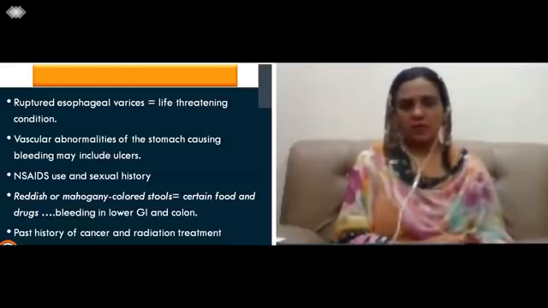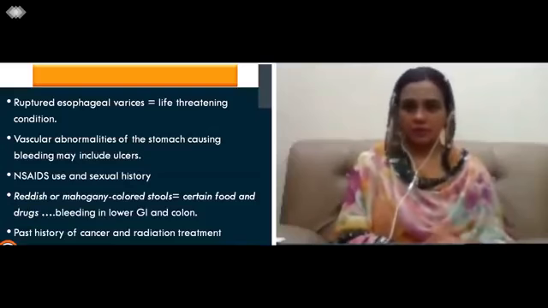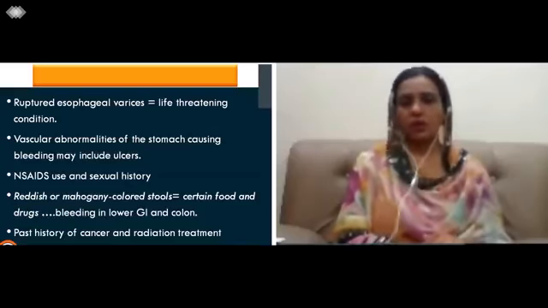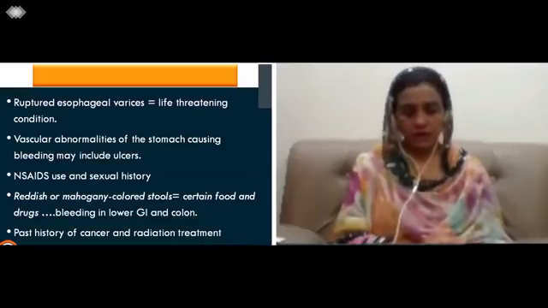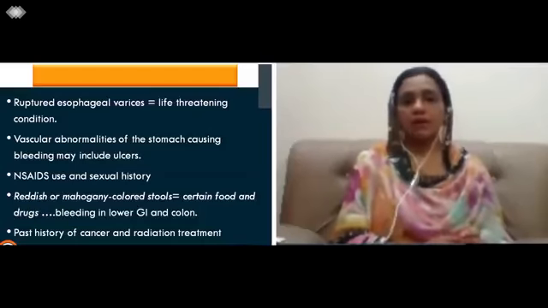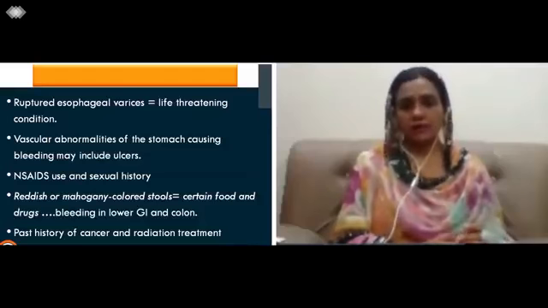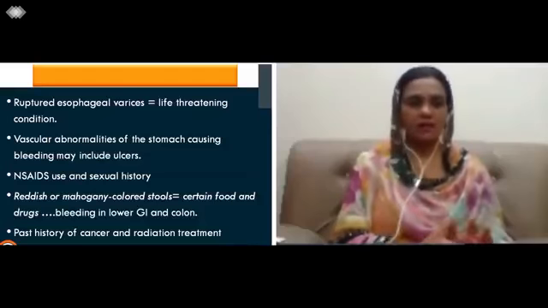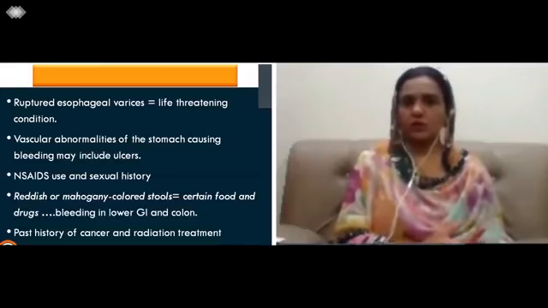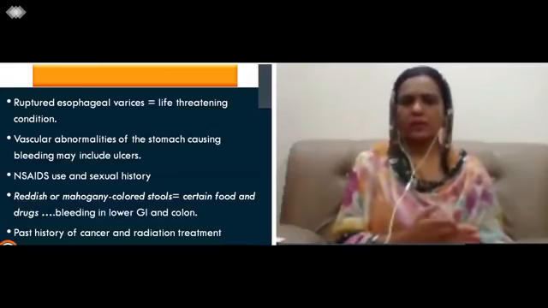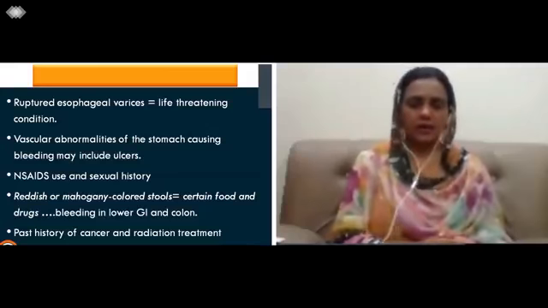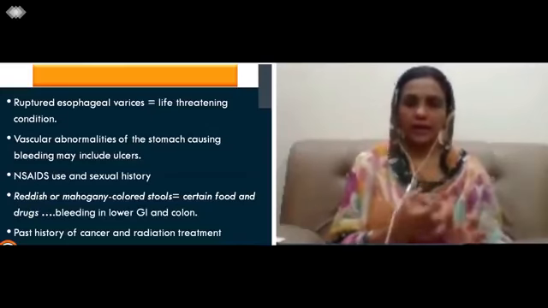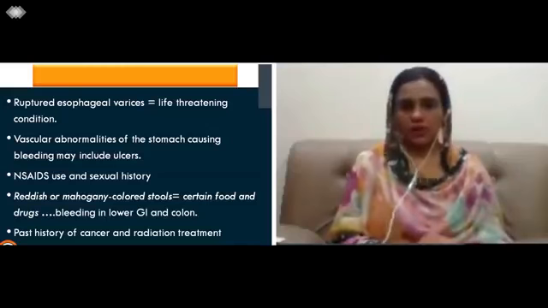Then sometimes the patient will complain of reddish or mahogany colored stools. There are certain foods like beets, which we call chukandar, that can also cause the color of the stool to be reddish or mahogany. Or sometimes there are certain drugs like iron supplements, and many other drugs, that can also cause reddish and mahogany colored stool. And sometimes you take some food with added color, that can also cause colored stool.